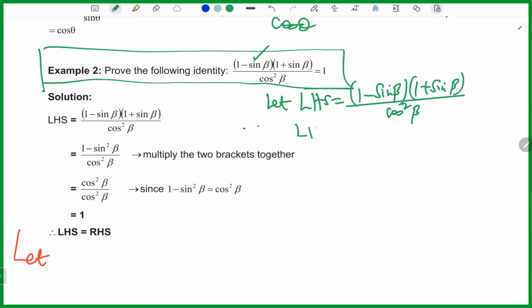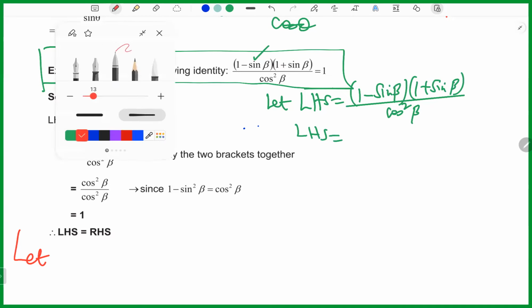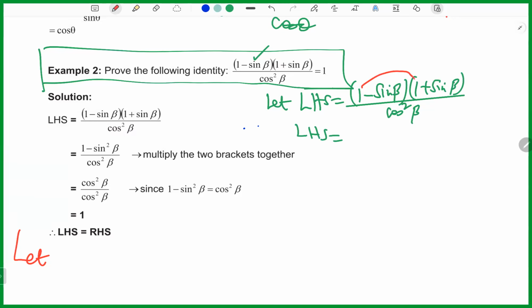So, which means the left-hand side becomes the same as. Okay, so to expand this now, you use the FOIL method. These are the first. Right, so these ones are the outers. These guys here are the inners, and these are the lasts.